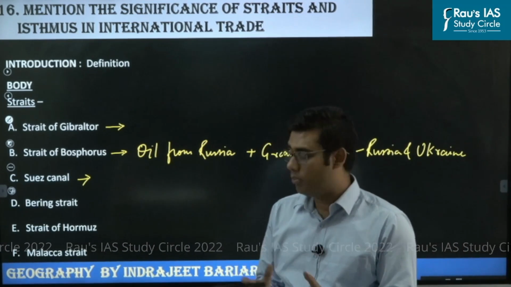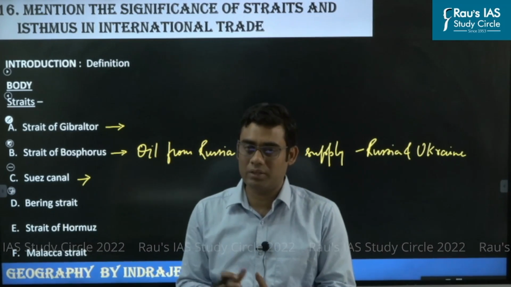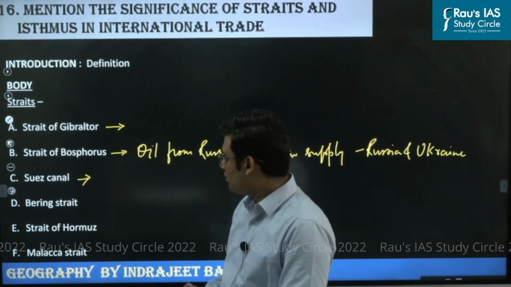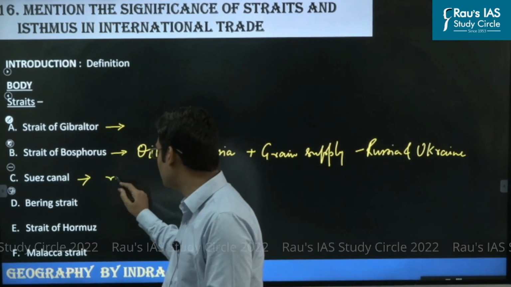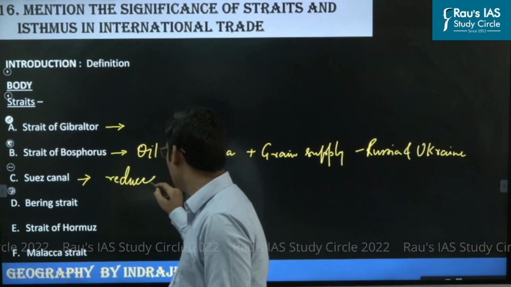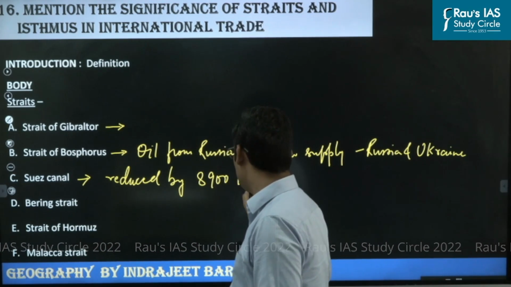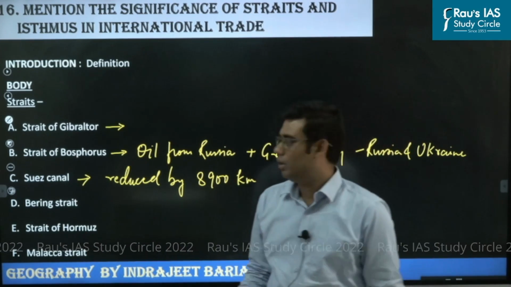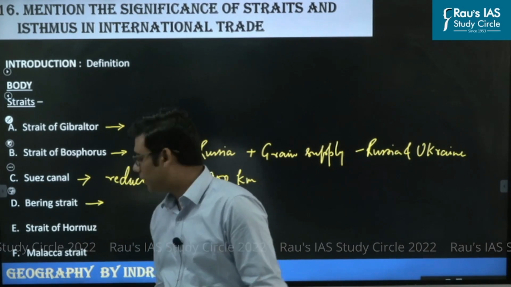With the opening of the Suez Canal, the maritime distance between Europe, to be specific between London, and the Arabian Sea has been reduced by almost 8,900 kilometers, a significant reduction. So an extremely important canal.